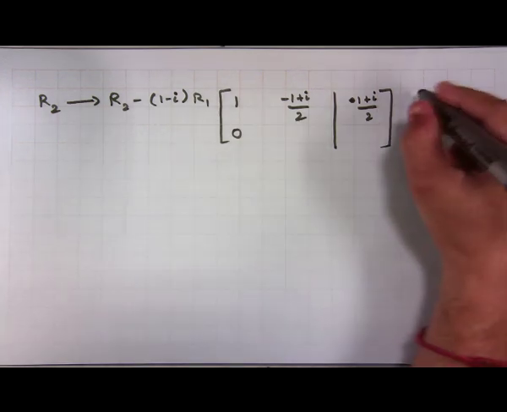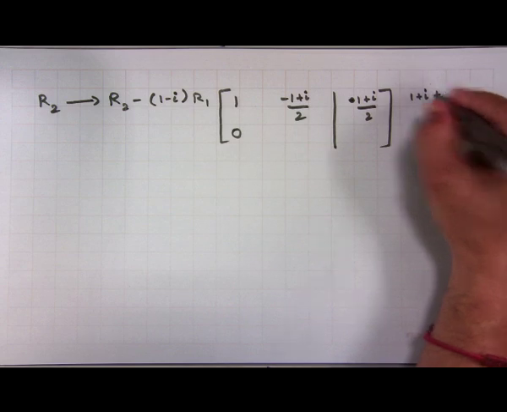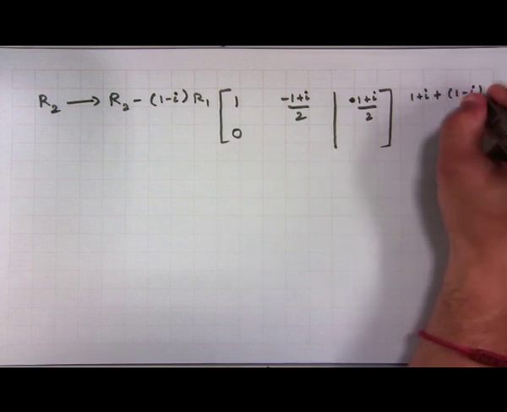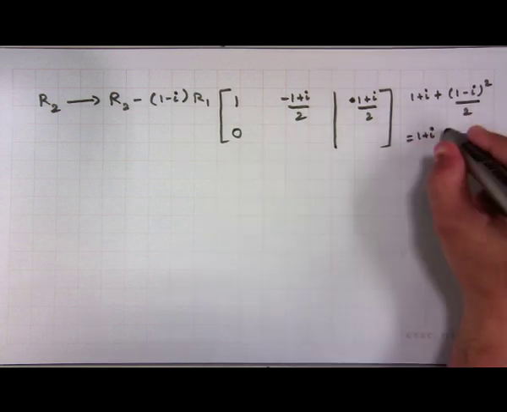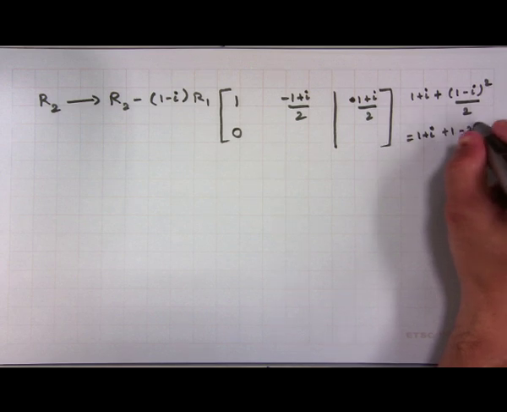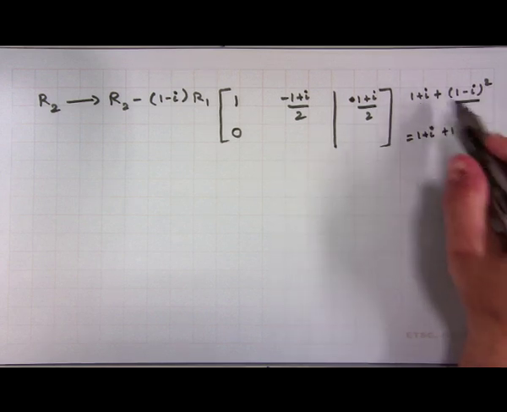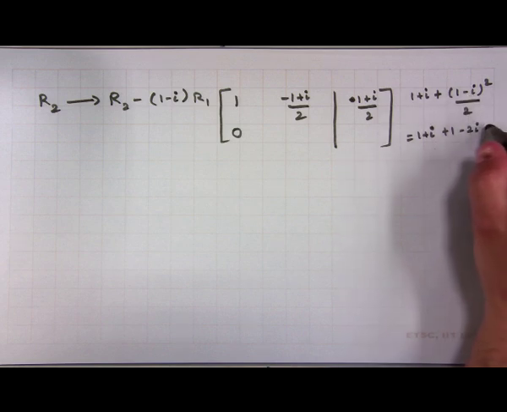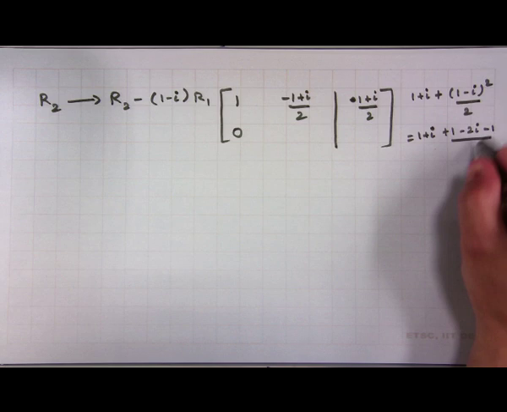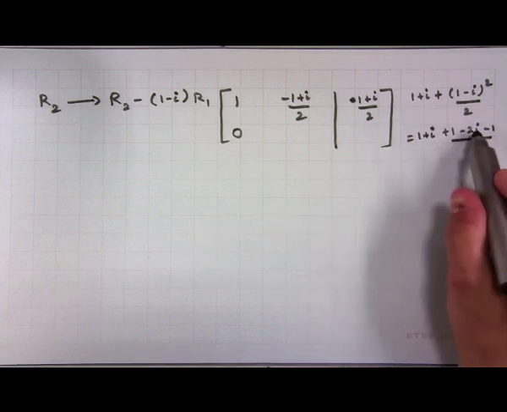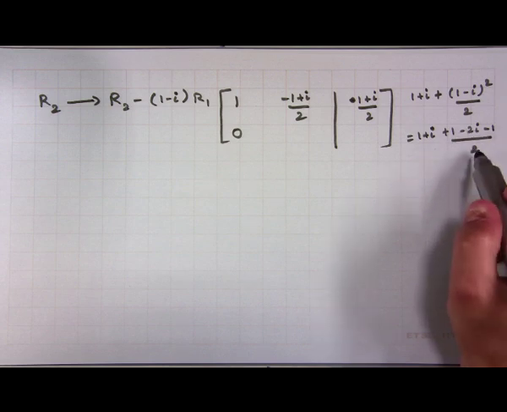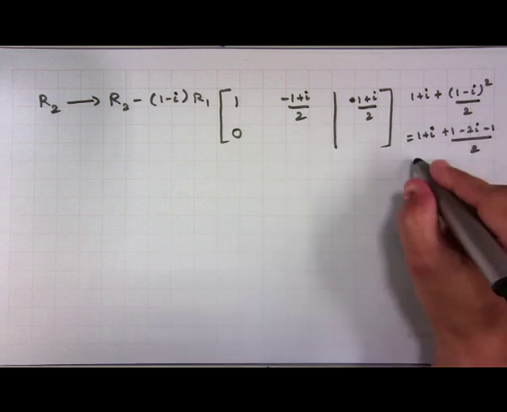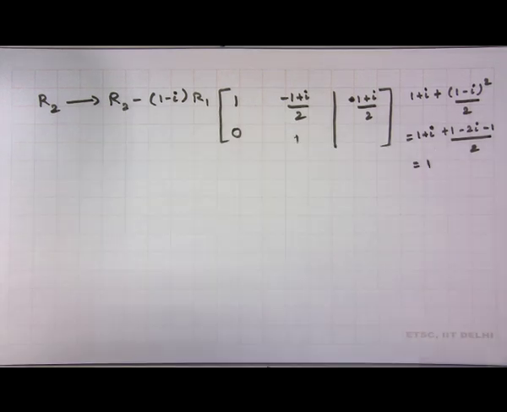So, we will have 1 plus i plus 1 minus 2i minus 1 whole upon 2. So, this 1 gets cancelled, and you will have minus 2i, and so the 2 and 2 get cancelled. Therefore, you will have 1 plus i minus i. So, you will finally end up with just 1.